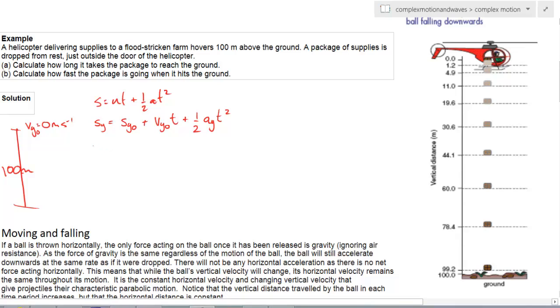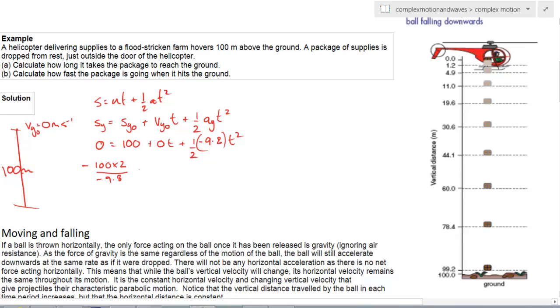I'm putting it in this form for a very good reason. We want to find out what happens when s is equal to 0. So we're going to make that 0. This is going to be 100 because that's our initial displacement. Our initial y velocity was 0, so that's just 0t. And here we're going to have half of the acceleration, which is minus 9.8 times t squared. So you can see this reduces down to a very simple equation of 100 times 2, it's going to be a negative, divided by negative 9.8.